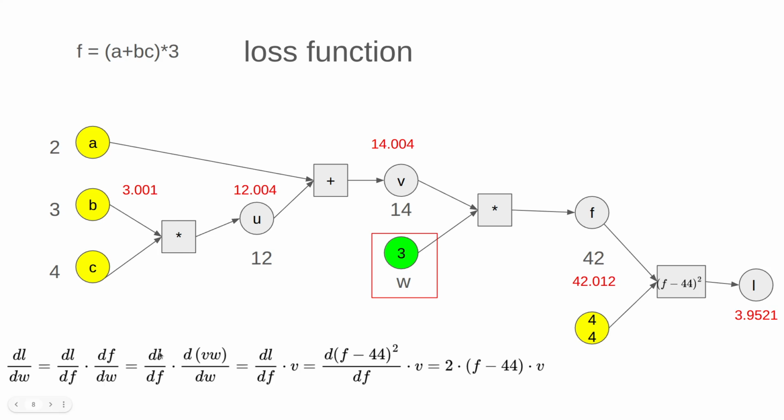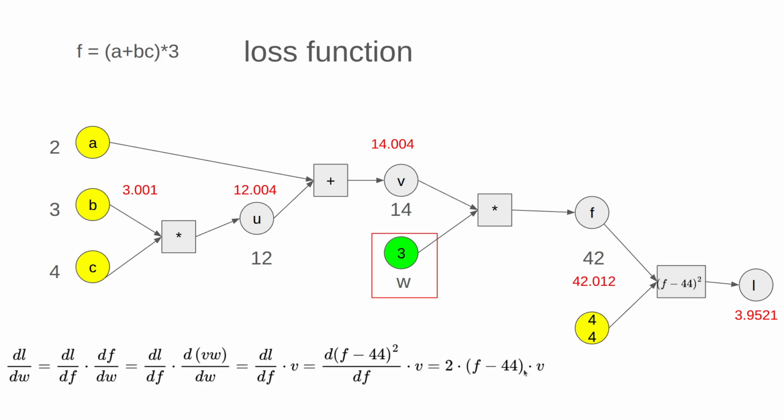And F will be V times W, so DF over DW will become V. So it will become the DL over DF multiplied by V. And the DL over DF will be this formula.